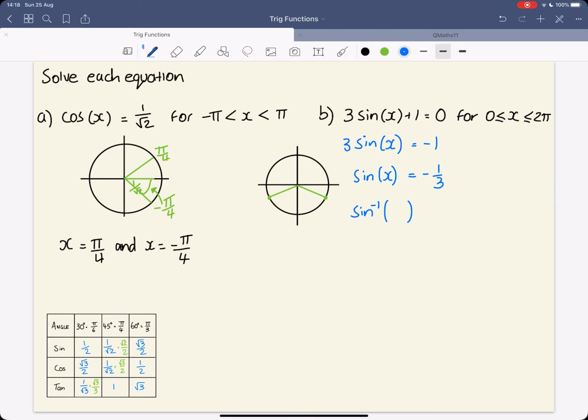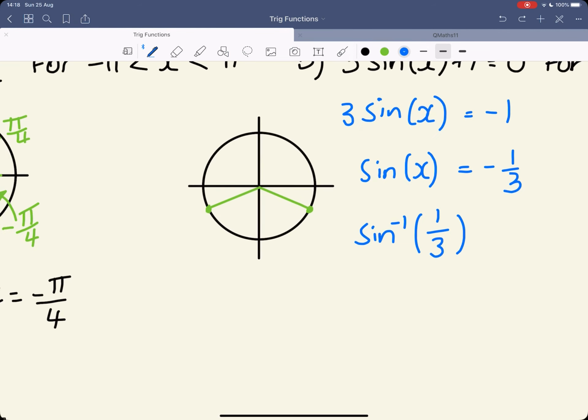So the sine to the power of negative 1, or the inverse sine, of 1/3. Now, why did I not put the negative sign here? We're really only interested in finding out how far we have to go down to get to that coordinate.